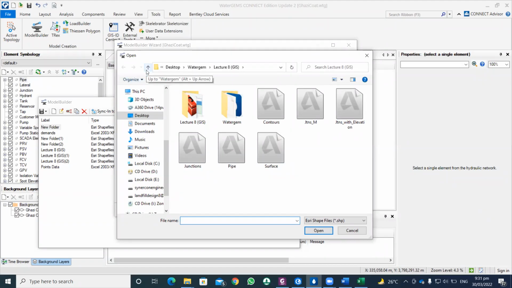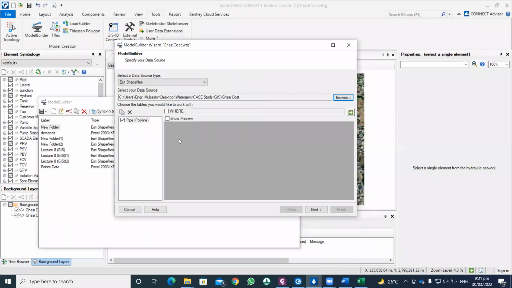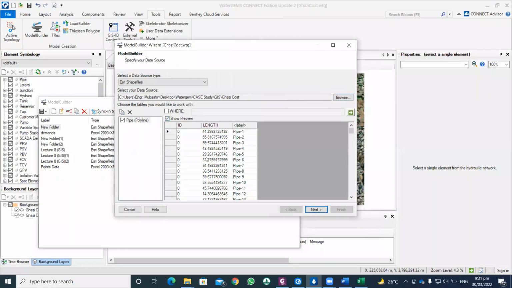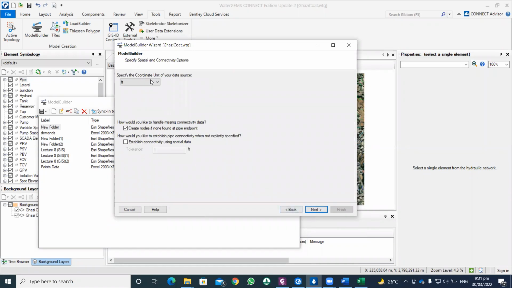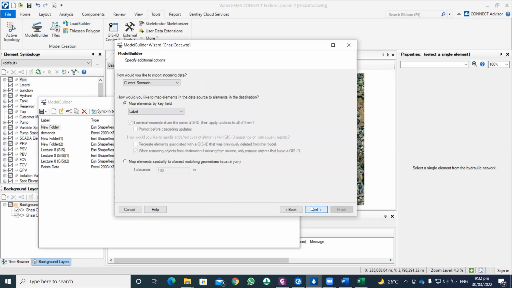Basically, we are using a case study, GIS pipes. These are the lengths of the pipes. I have already explained each and every step, so there is no need to explain here. I will just do it directly.